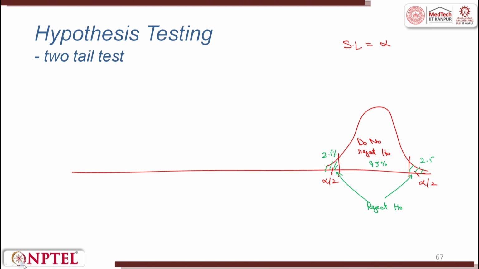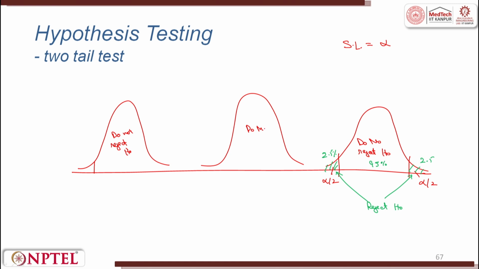On the other hand, one-tailed and two-tailed tests could be put in this way. One-tailed test, that is the lower-tailed test and upper-tailed test, I will try to draw. In the lower-tailed test, on this side, this area is do not reject H naught.